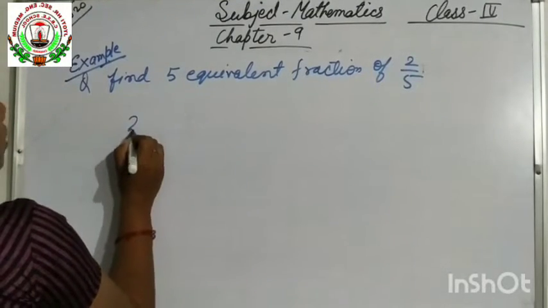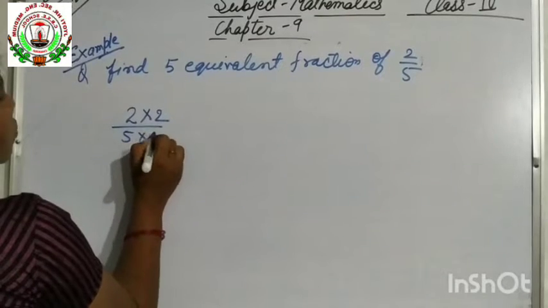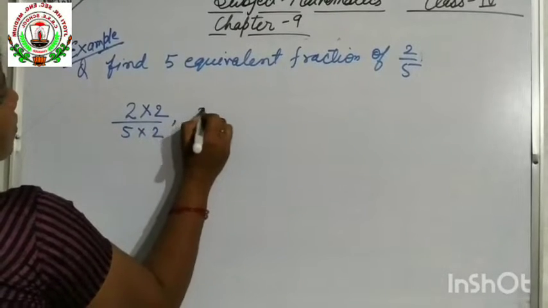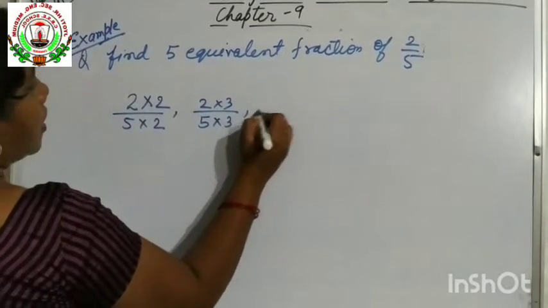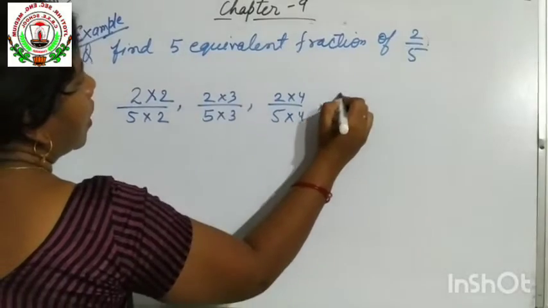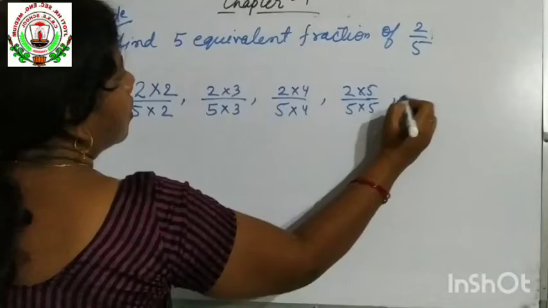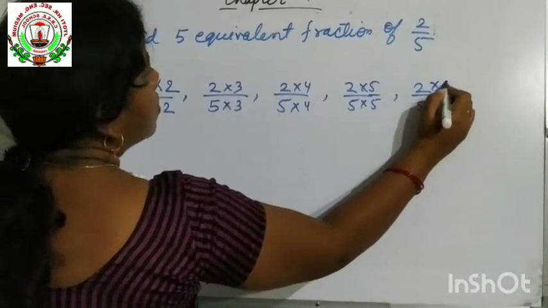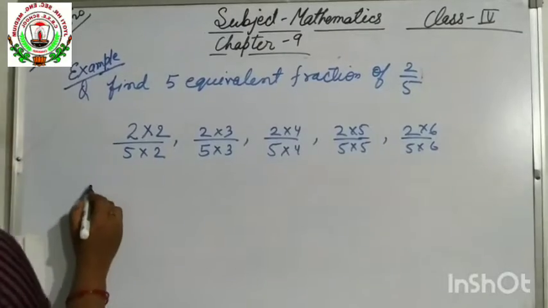So what we will do here: first, we multiply this 2 by 5 by 2. Then we multiply the same number, 3. Then again we multiply 2 by 5 by 4, then 2 by 5 by 5, then 2 by 5 by 6. 1, 2, 3, 4, 5 numbers are there.